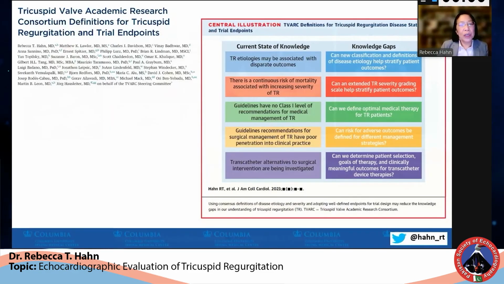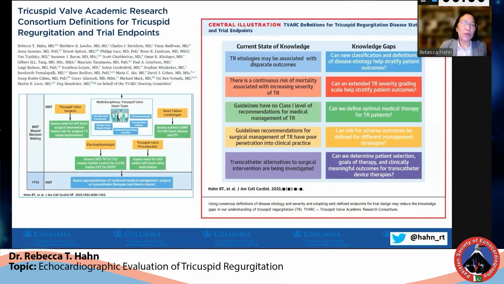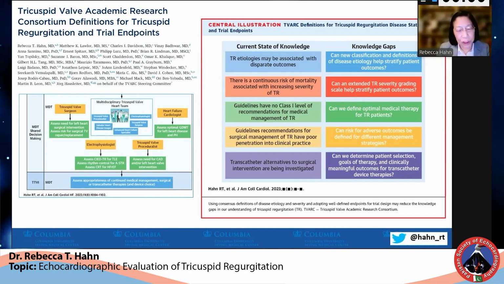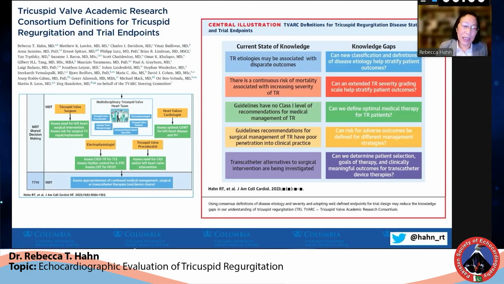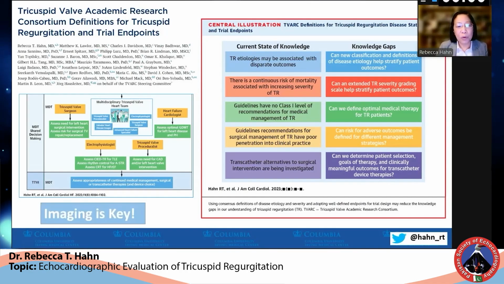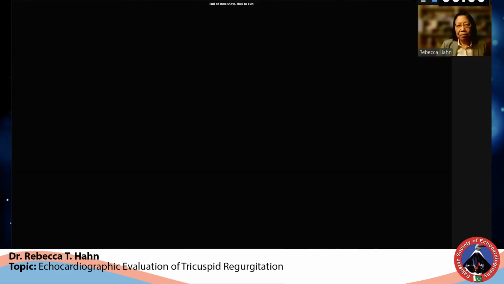In sum, we know that the current state of knowledge is very great. Within the last 10 years, we've learned so much about quantifying disease, about the etiology of the disease, about right ventricular function, and also device therapy. But there are a number of different knowledge gaps for which imaging will be key to understanding. Thanks for your attention. Thank you very much.